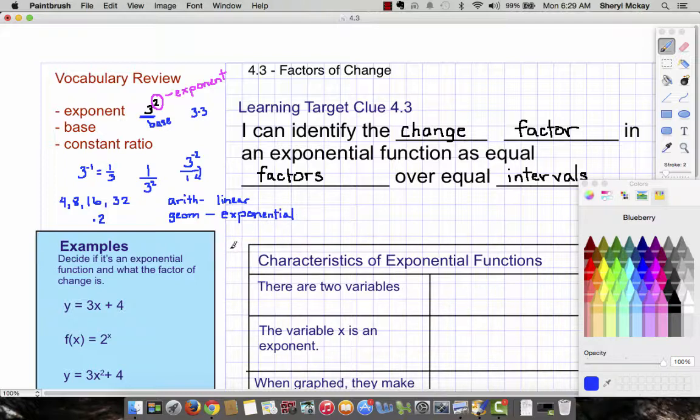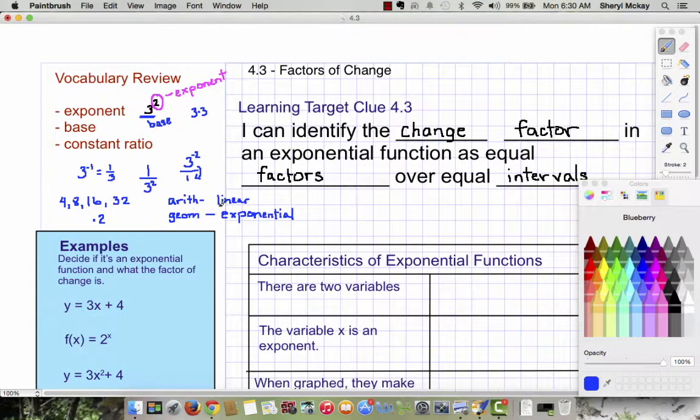The difference between arithmetic and linear is that an arithmetic sequence is a type of linear function. In the same way, a geometric sequence is a type of exponential function. Sequences are discrete, meaning they're individual points, whereas functions can either be discrete or continuous. And so what we're going to be talking about now are different types of exponential functions that are not discrete but continuous. All right?